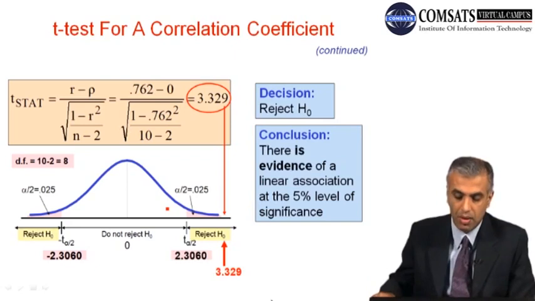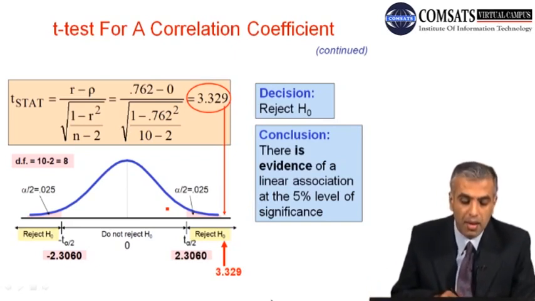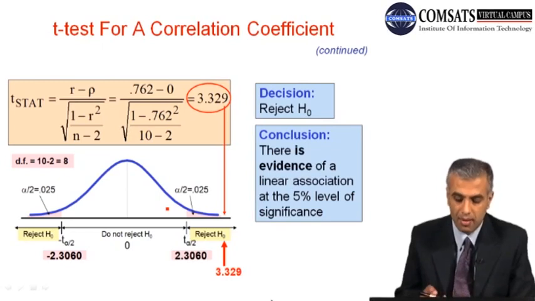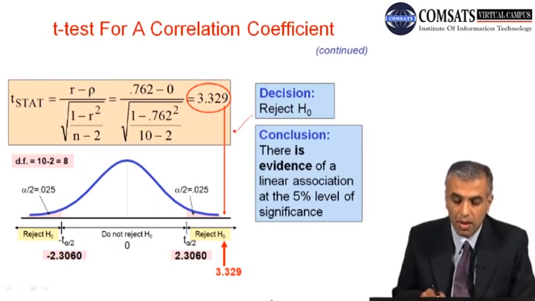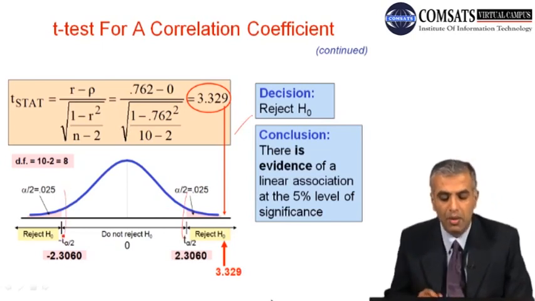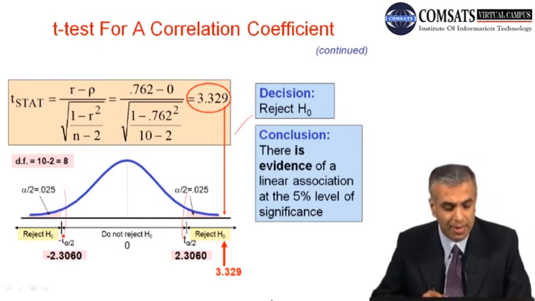We are trying to test this value for a level of significance equal to 0.05, and you can see that these two critical values are now calculated, which are the standard critical values for t.